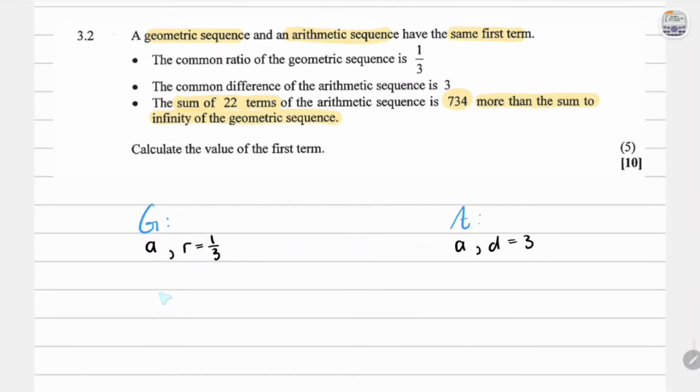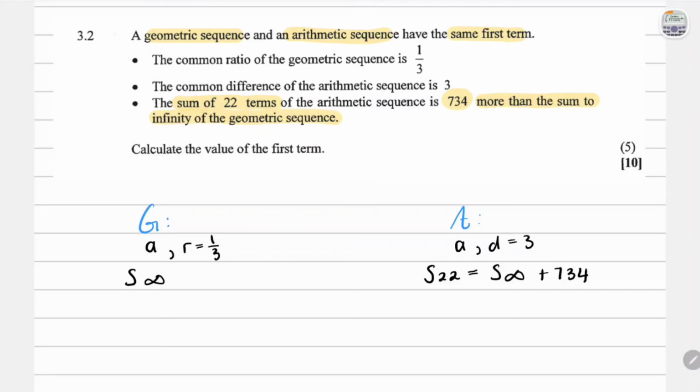So what that would mean is the geometric sequence has a sum to infinity, and in this arithmetic sequence, the sum of 22 terms is 734 more than the sum to infinity. So if that's the sum to infinity, it is 734 more than that value.